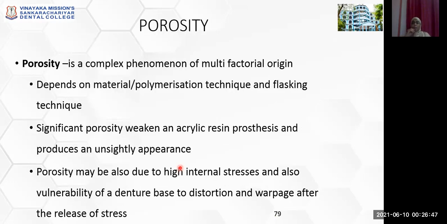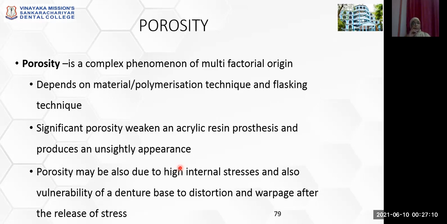So another important physical property which we are going to see is porosity. You can have numerous porosities in the denture, and this porosity is a very complex phenomenon. It can occur because of multiple factors. An error anywhere in the processing stage, the finishing stage, or the packing stage can cause it.